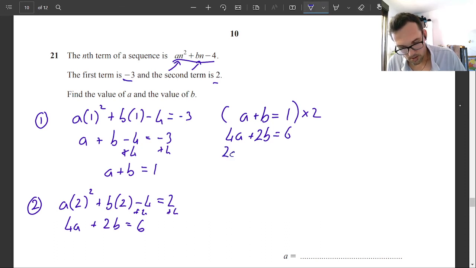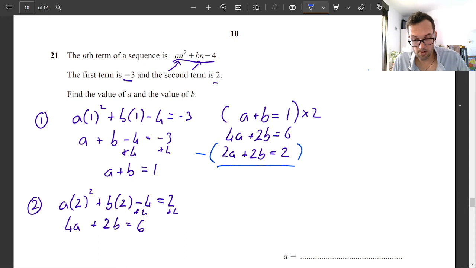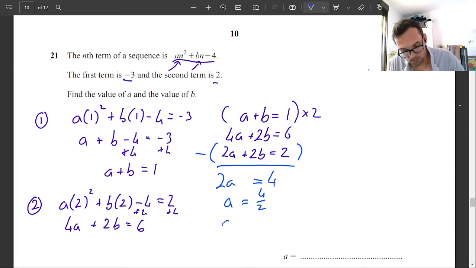So what we can do now is subtract the one equation from the other. So 4a minus 2a is 2a. 2b minus 2b is 0. Eliminate the b, it's gone. Brilliant. 6 minus 2 is 4. Divide that by 2, and I got my first answer. a equals 2.